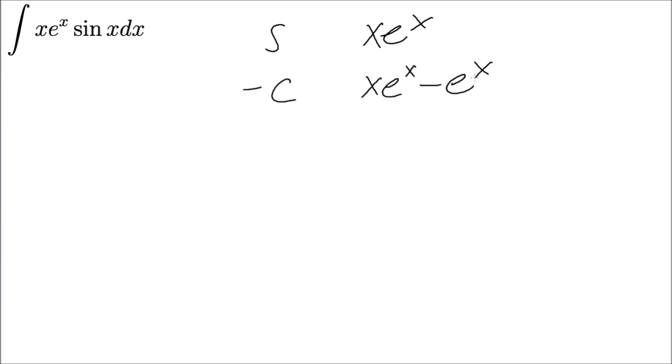So what I would do is I'd differentiate this, negative cosine, and then x e to the x minus e to the x, right? And then I go like this again. Well, actually, sine, yeah. And then e to the x minus 2e to the x, right?